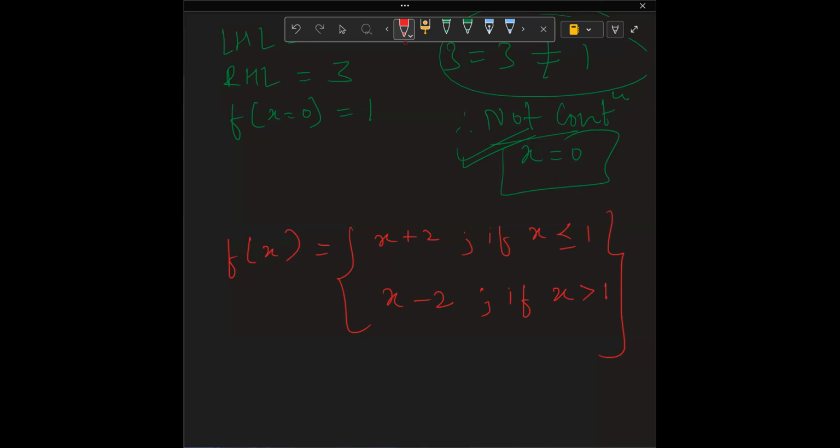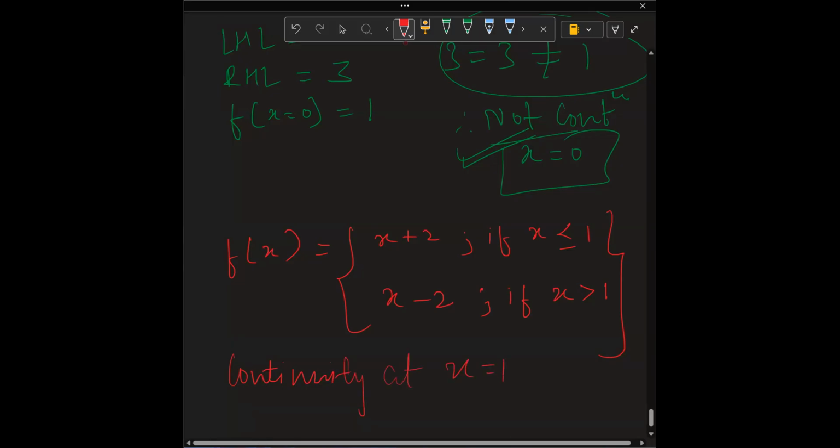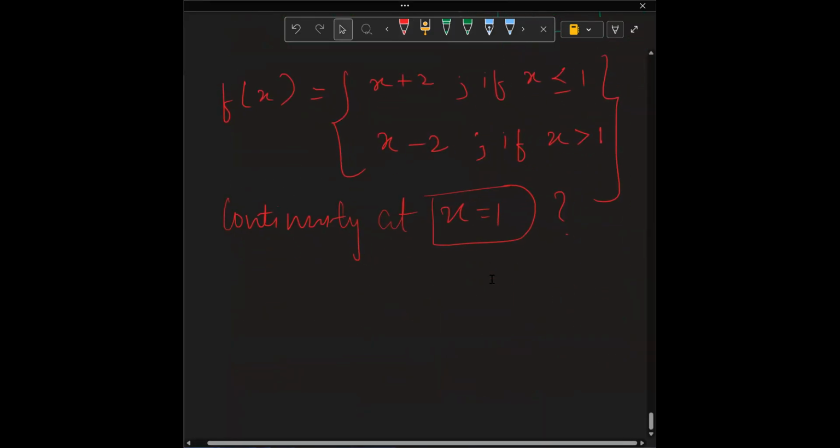And I ask you to check the continuity at x equals to 1. So solve this question and tell me whether this function is continuous at x equals to 1 or not.